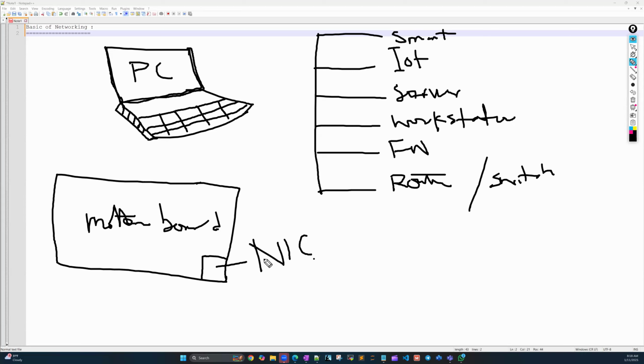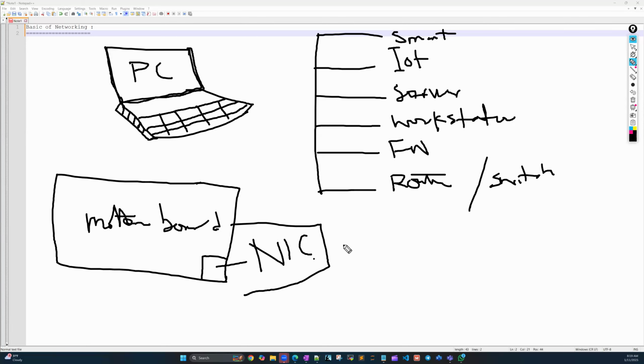If I give that system to somebody somewhere, and the person eventually maliciously uses that device, the system can be traced back to me. Because of what? Because of the NIC.